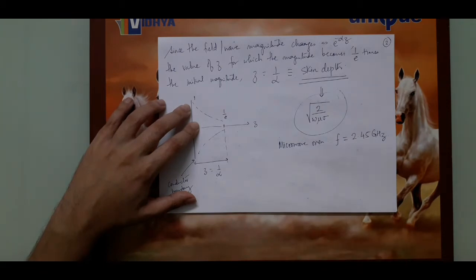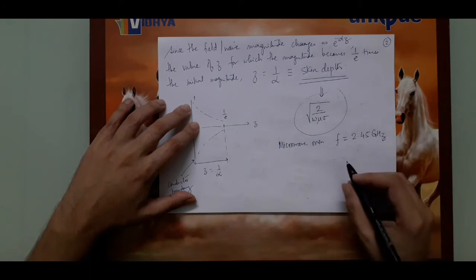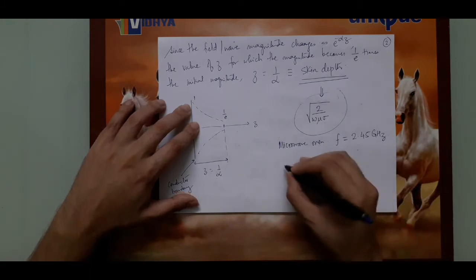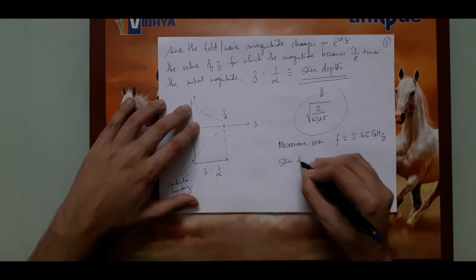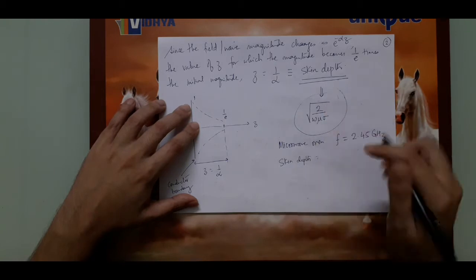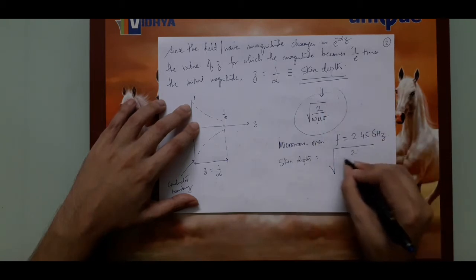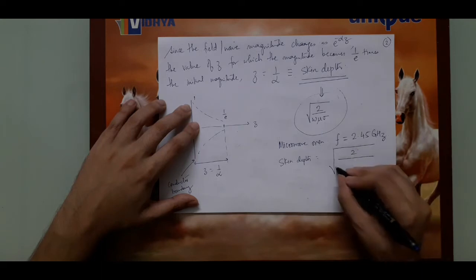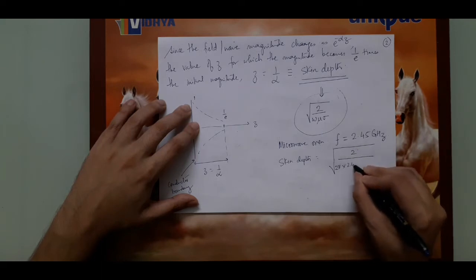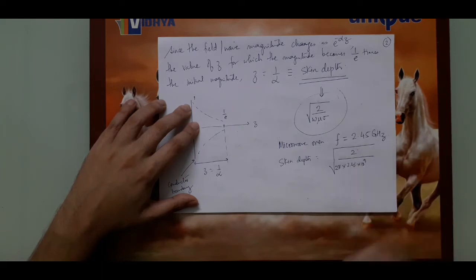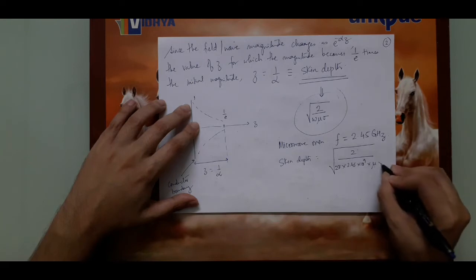Depending on what the material is, the skin depth will be 2 divided by omega, that is 2 pi into 2.45 into 10 raised to 9, into mu into sigma.